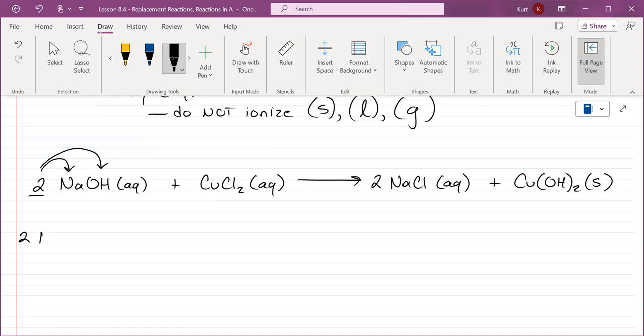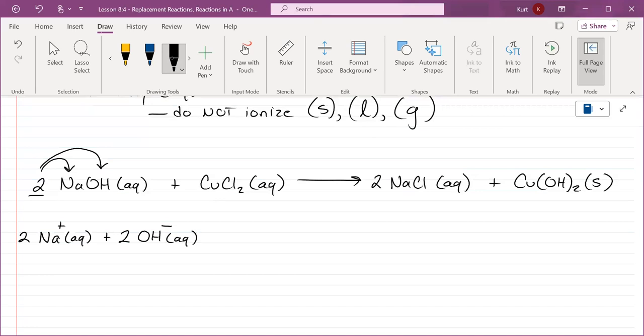What is the charge of just one sodium? +1. Very good. And it is going to stay aqueous. How many hydroxides were there in sodium hydroxide? There were 2. 2OH. You guys had to memorize OH. What is the charge of OH, hydroxide? -1, and it is aqueous.